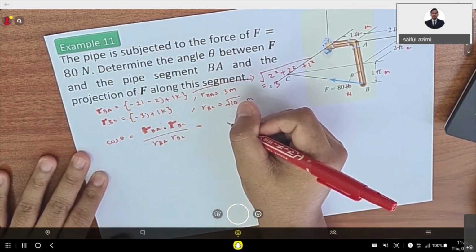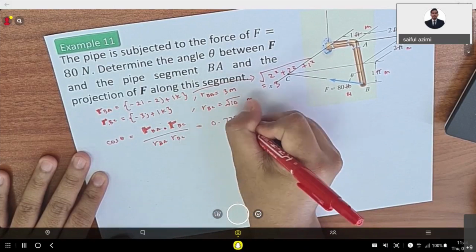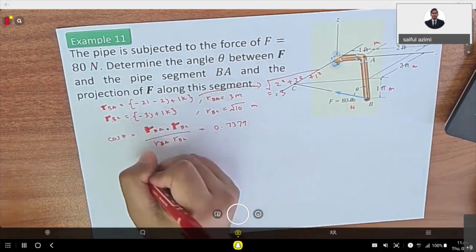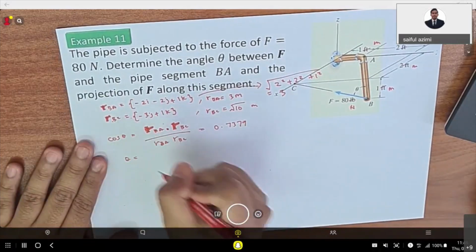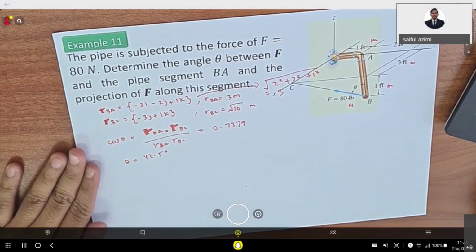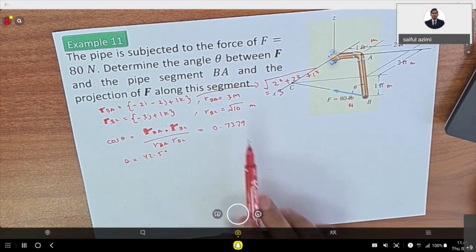And then you will get the answer of 0.7379. So you will get theta equals 42.5 degrees here.